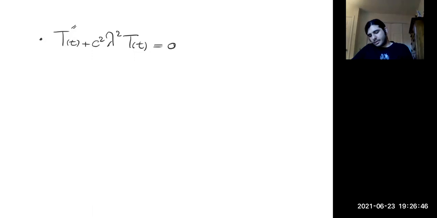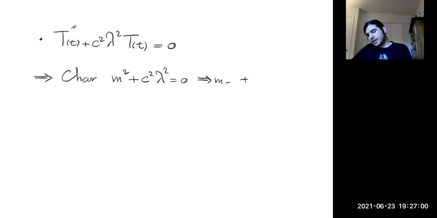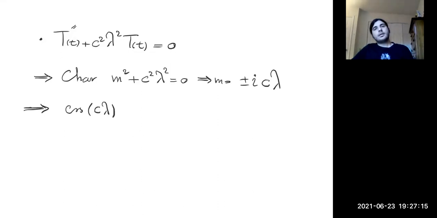So the characteristic equation is m squared plus c squared lambda squared is equal to 0. Therefore, m would be equal to plus minus i, imaginary number, c lambda. Therefore, the solutions to this equation would be cosine of c lambda t and sine of c lambda t.